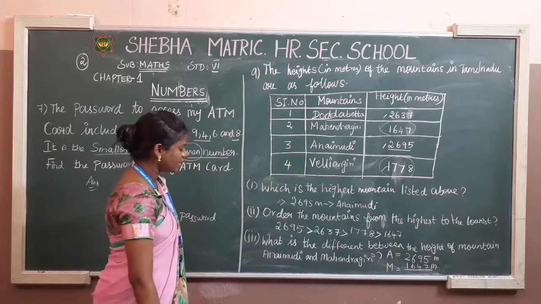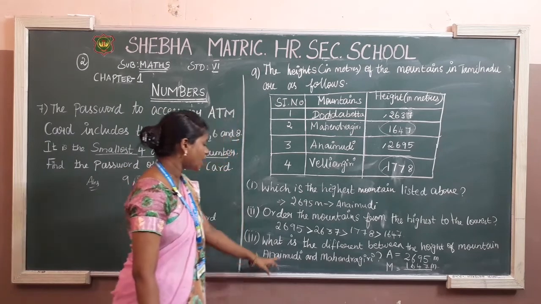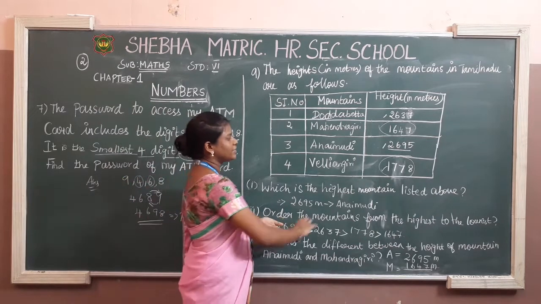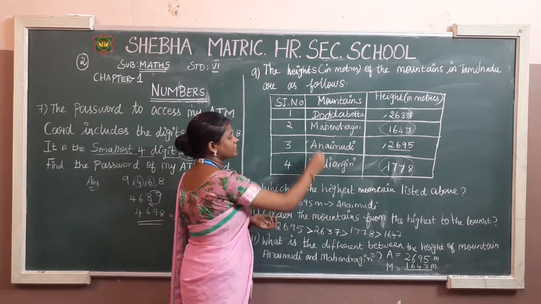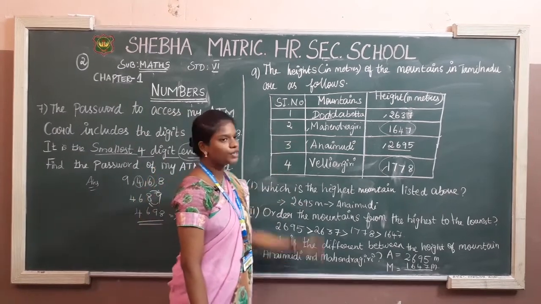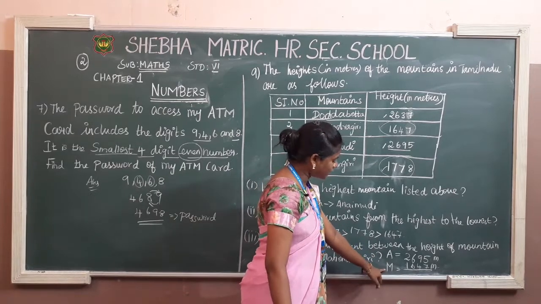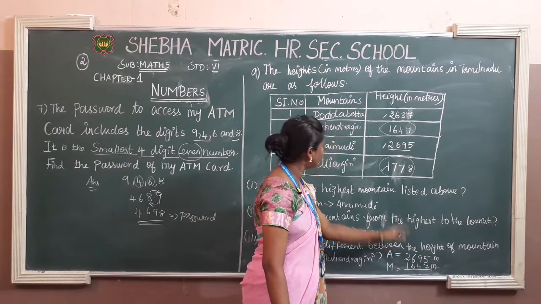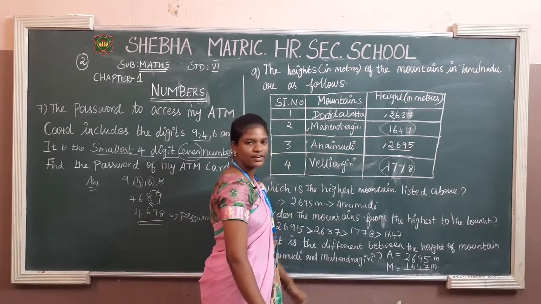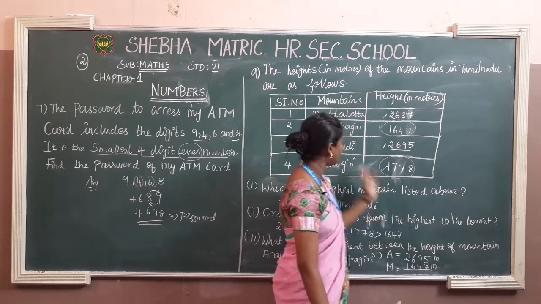Then the third question is, what is the difference between the heights of the mountains Aanemudi and Mahendragiri? So we can find the difference between Aanemudi and Mahendragiri. Aanemudi means A and Mahendragiri means M. So A is equal to 2695 meters and M is 1647 meters.